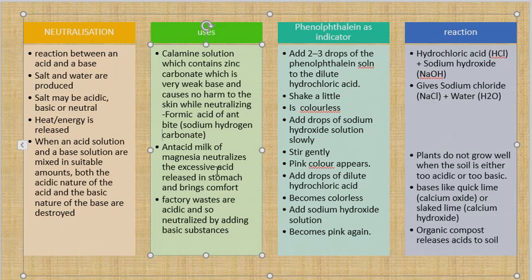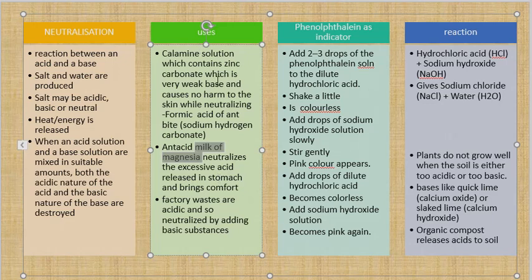So people take antacid. You would have seen people taking Pudinhara types of antacid also. So antacid is what? Antacid is called milk of magnesia. This milk of magnesia neutralizes the excessive acid in the stomach and brings comfort. So antacid reaction is neutralization of excessive acid in the stomach.